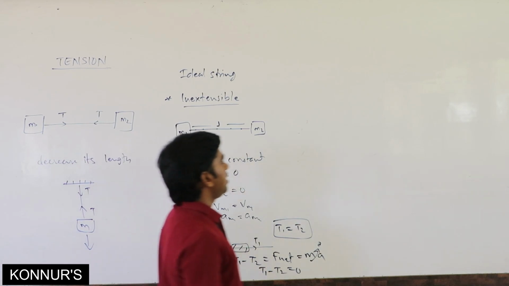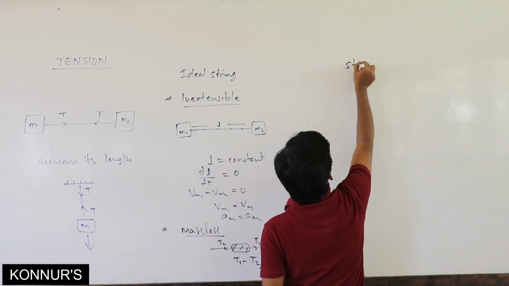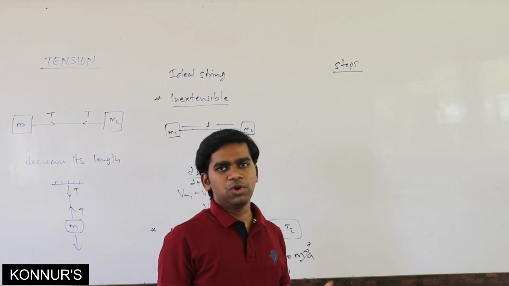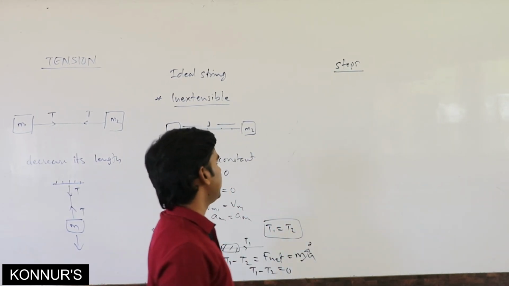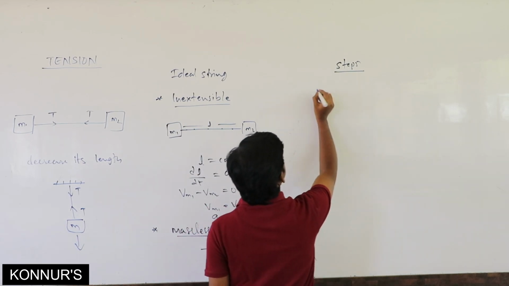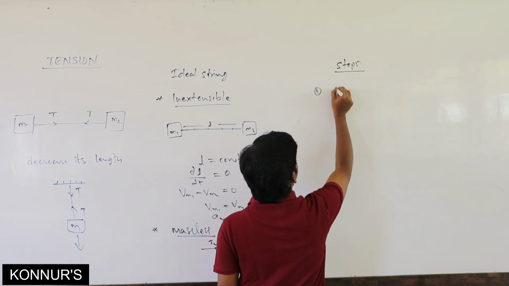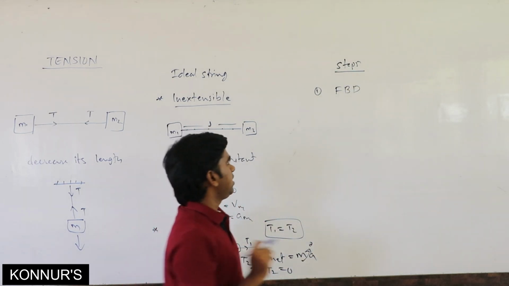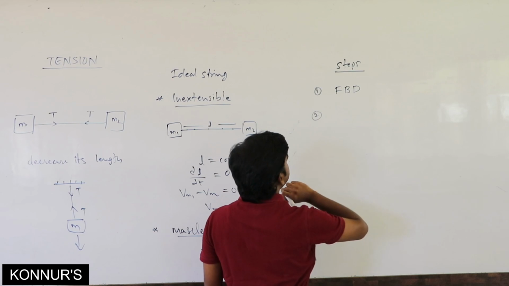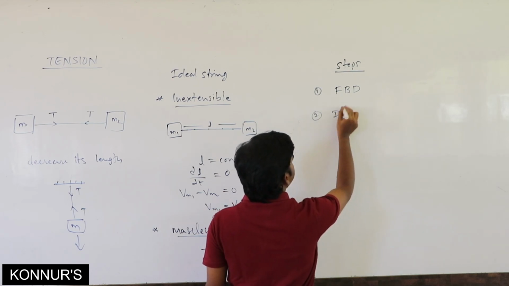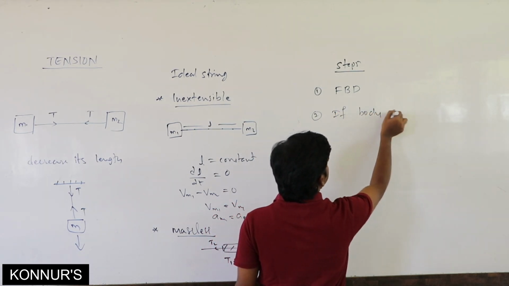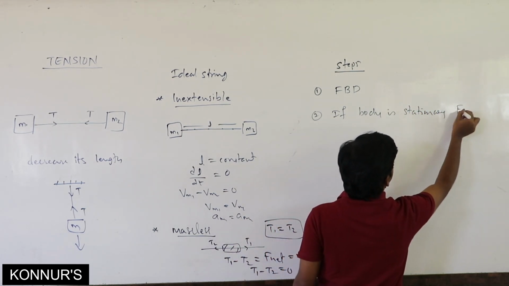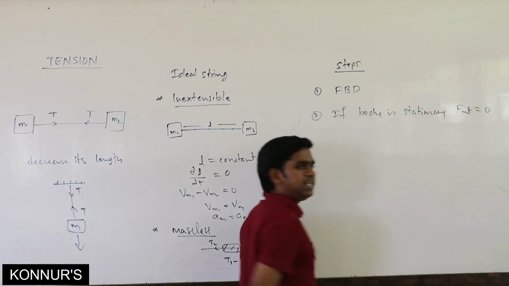Then how do we solve the problems? What are the steps? In solving problems, either we imagine the situation or we follow the steps, and we can follow either one. If you want to follow the steps, the first step is to draw the free body diagram of the given situation. The second step: if the body is stationary, take F net equals 0.